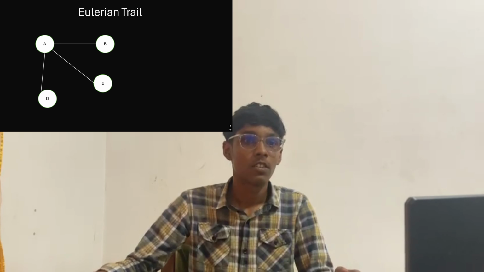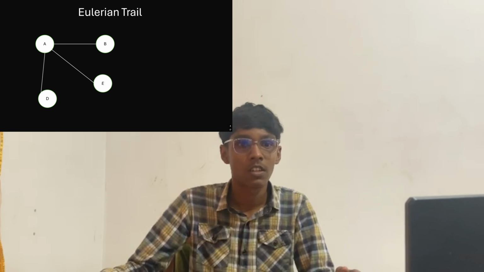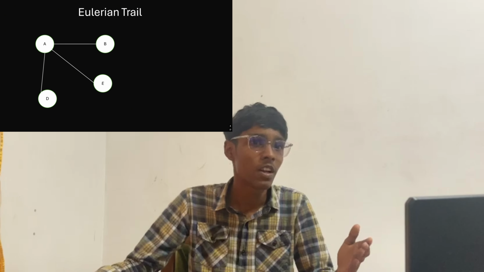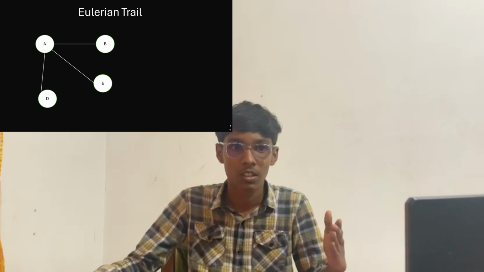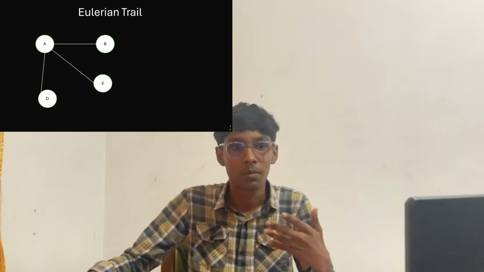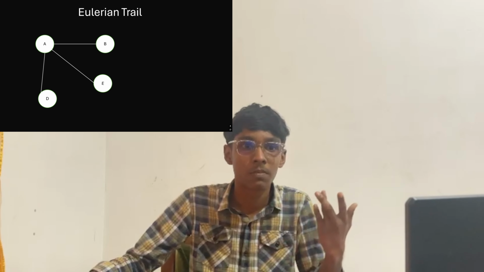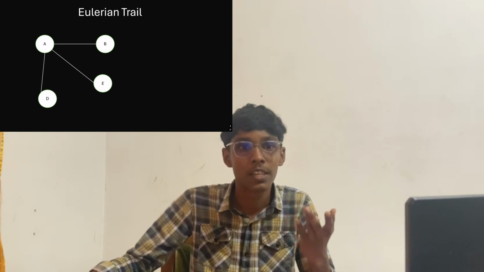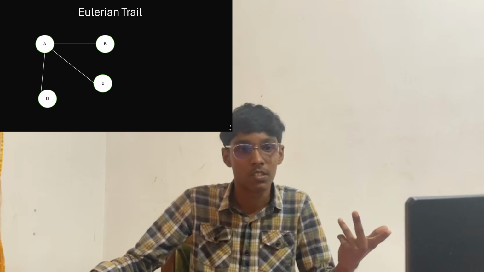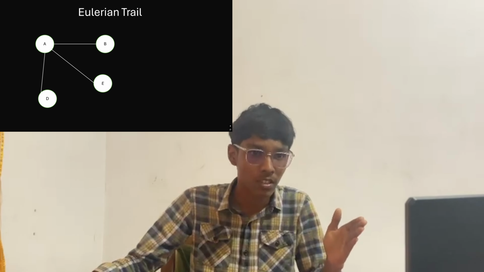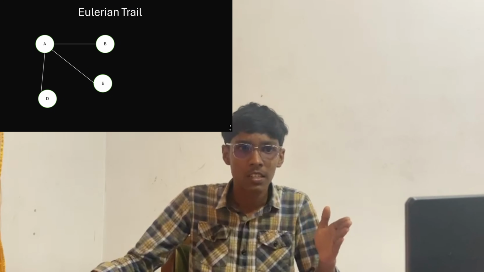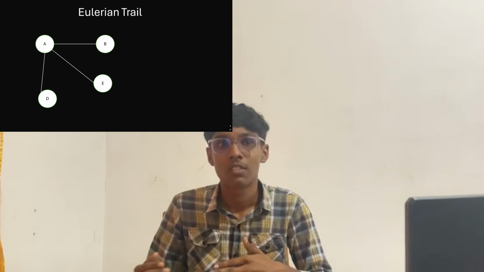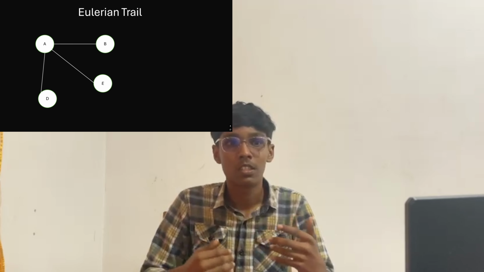Next, non-Eulerian graphs. If a graph has more than 2 odd-degree vertices, then it has no Euler path and no Euler circuit, so traversal cannot be applied directly. The key logic is that every vertex needs balance in entry and exit. An odd degree means imbalance.